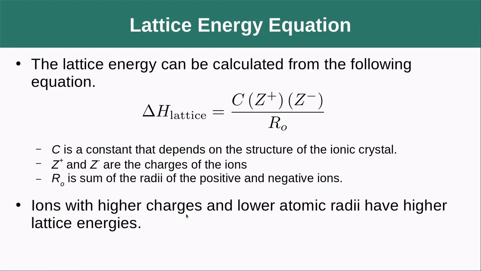Ions with higher charges, meaning that this Z plus value or Z minus value are higher, are going to have higher lattice energies. So are atoms with lower atomic radii, meaning that this R naught value down here is going to be smaller, making the whole ratio larger.